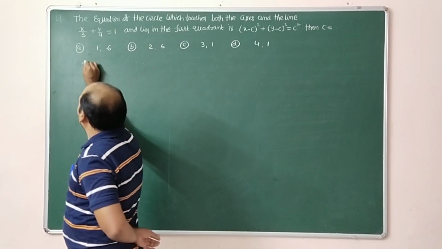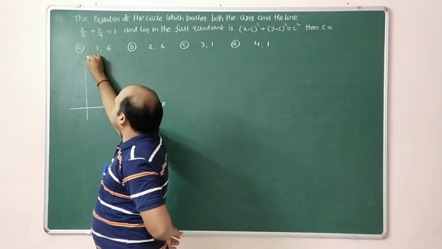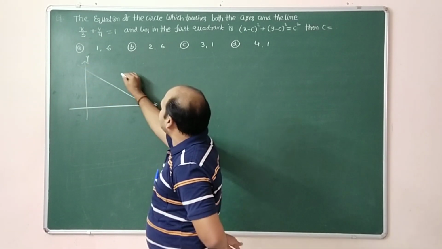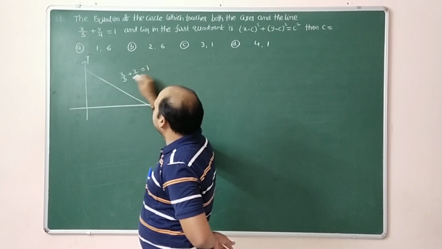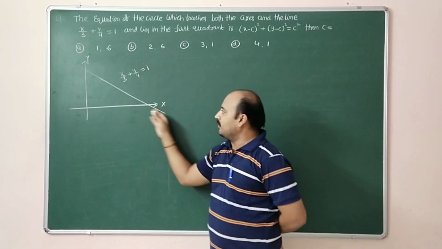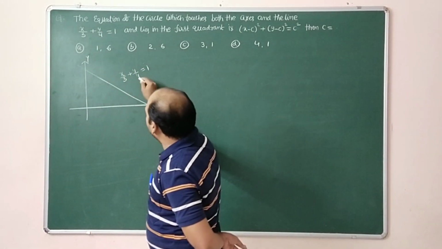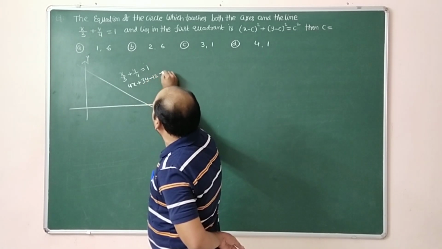Based on the question, you draw the rough figure: x axis, y axis, and one line is also given, that is x by 3 plus y by 4 is equal to 1. Both x-intercept and y-intercept are positive, from here to here, from here to here. That's what I wrote. If you take the LCM, 4x plus 3y is equal to 12, that means 4x plus 3y minus 12 equal to 0.